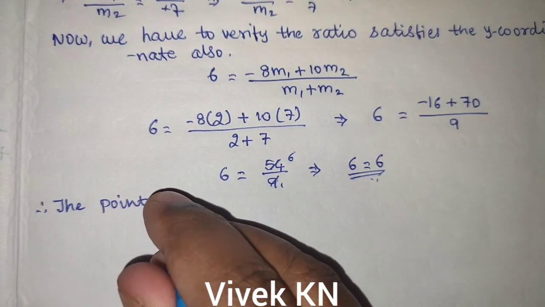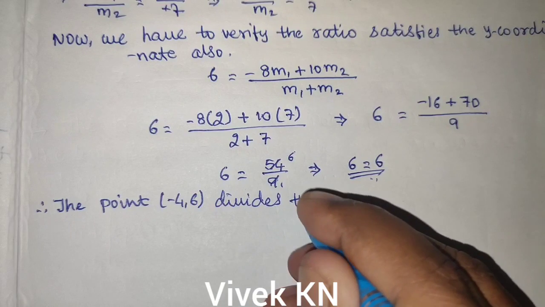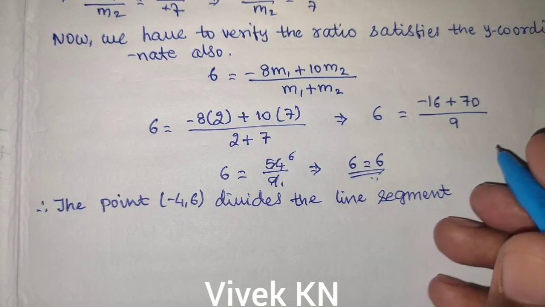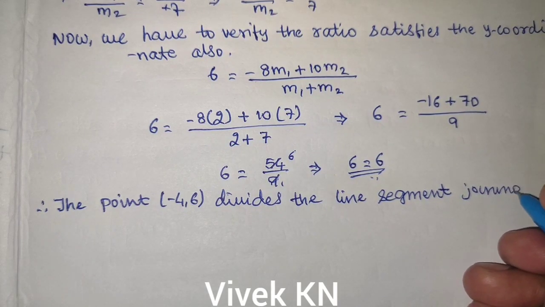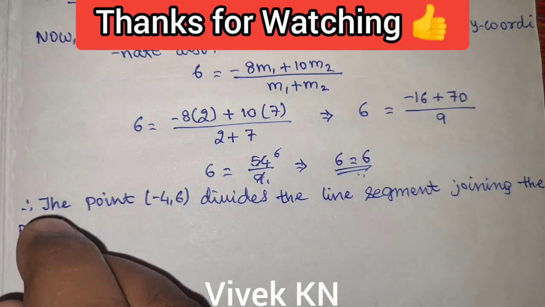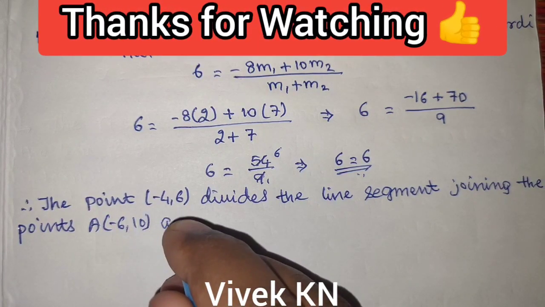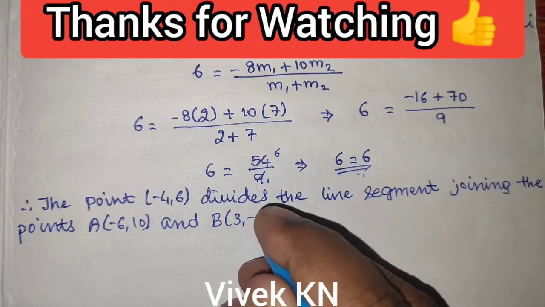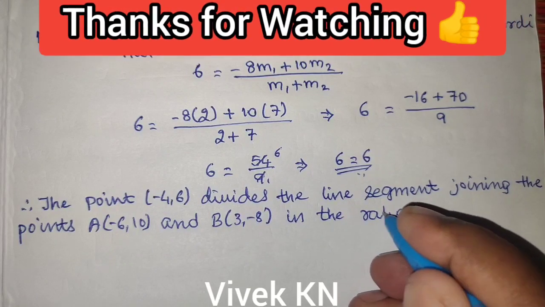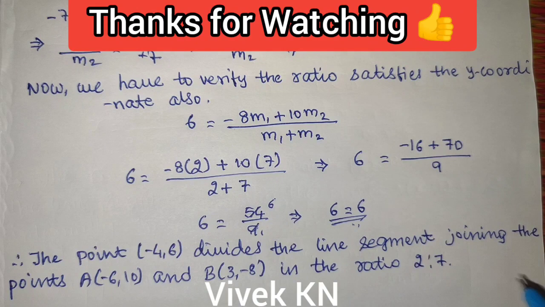Therefore the point (-4, 6) divides the line segment joining the points A of (-6, 10) and B of (3, -8) in the ratio 2:7. This is the answer.